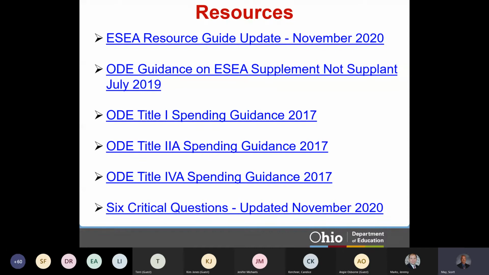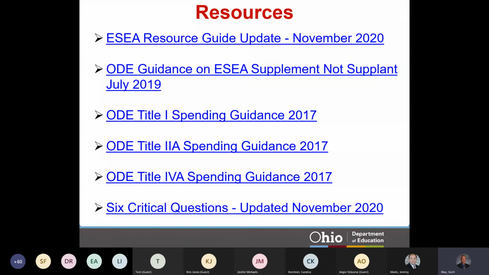It has many hyperlinks embedded into it, especially when it comes to the non-public, all the different grants that we use within federal programs, links to the U.S. Department of Education. This would also be a good one to keep on your computer and print as a hard copy. There are some grants management links in there also that would help you.